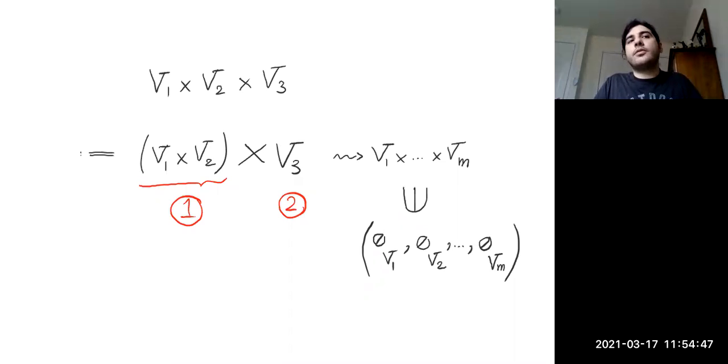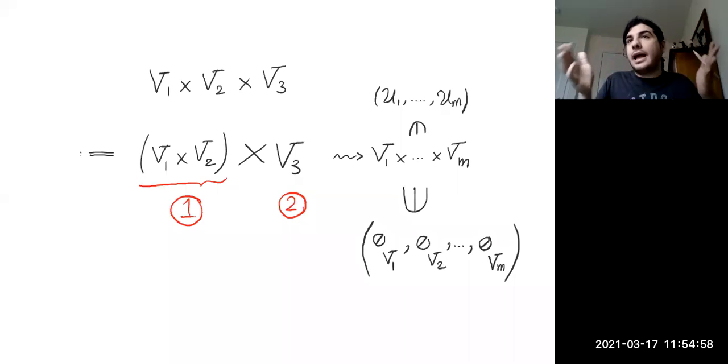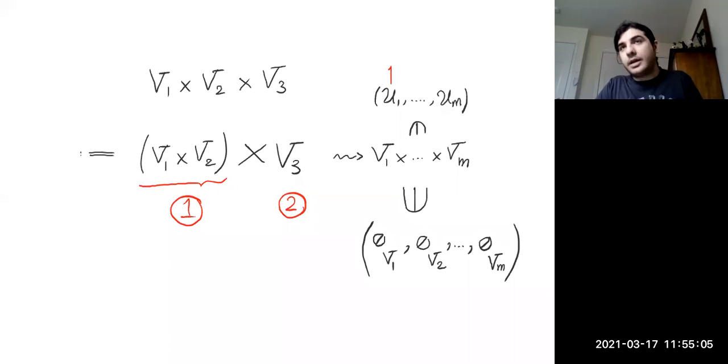The same thing holds for inverses. If I take some element here, say U1 up to Um, and I want to say this element in this product space has an additive inverse, well, I can do that because U1 is in V1, and U1 in V1 has some additive inverse, minus U1. But remember, this minus U1 is the additive inverse in V1, right?